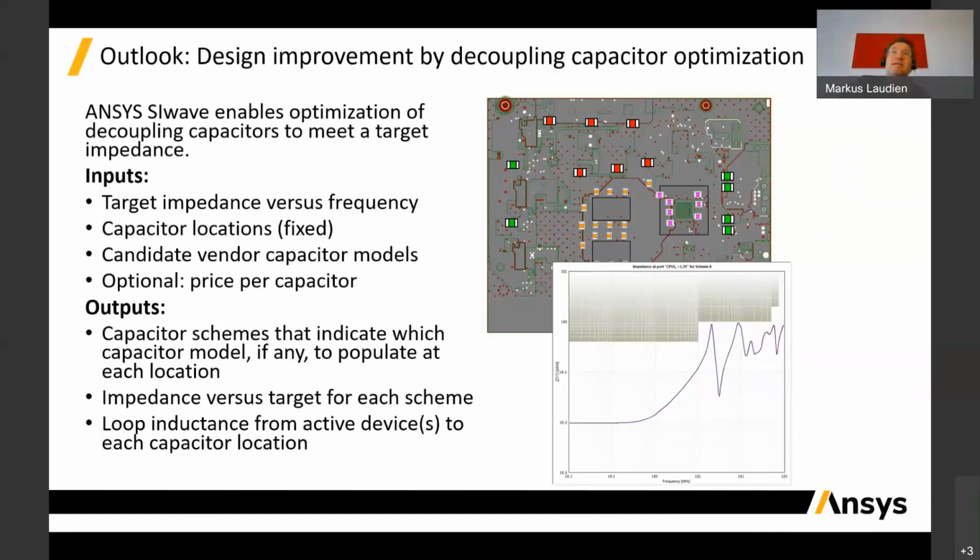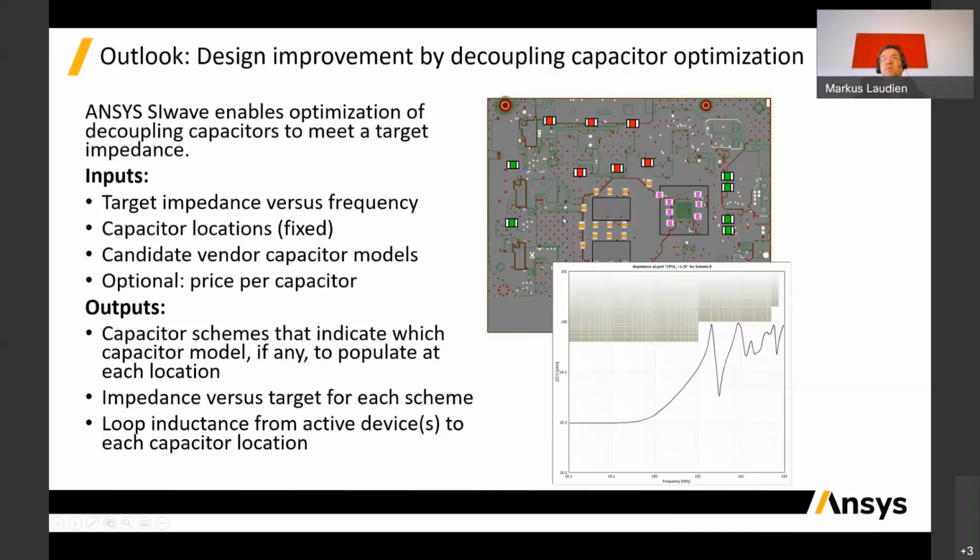If we talk about decoupling capacitors, there are optimization algorithms available. For example, in the tool SIWave, where you have fixed positions, but you can choose different candidates of decoupling capacitors from a library. Then a genetic algorithm gets started and you enter a target function for the target impedance.